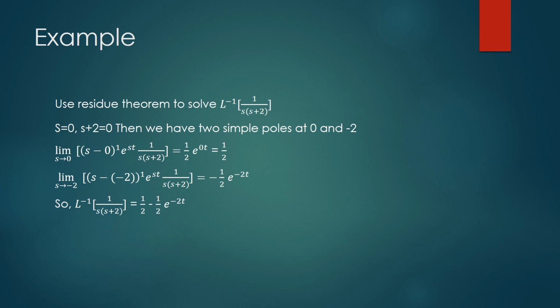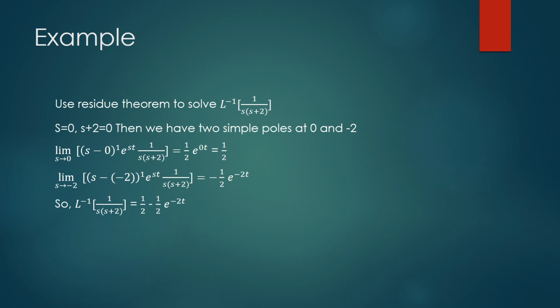So when s equals 0 and s plus 2 equals 0, we know that at the points 0 and negative 2 it is undefined. So those are the values of the poles. There are two simple poles, so the n value is equal to 1.